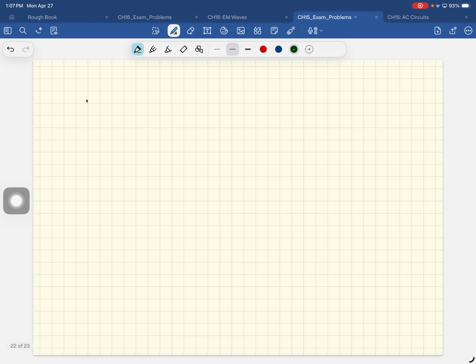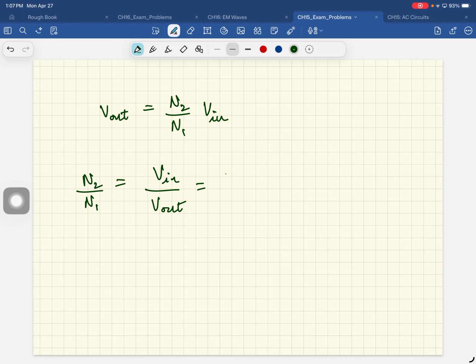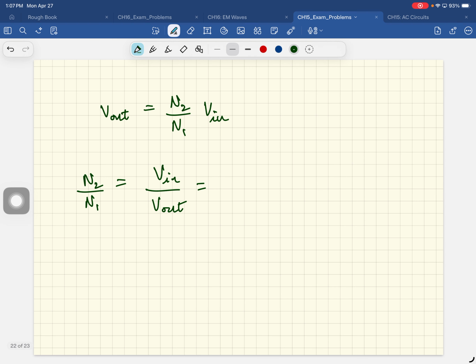V out equal to N2 over N1, V in. N2 over N1 equal to V out over V in.